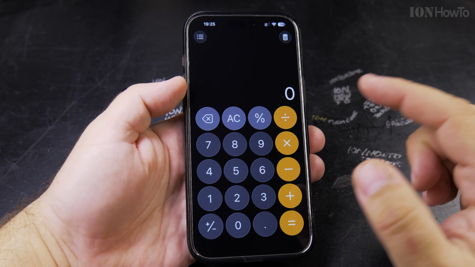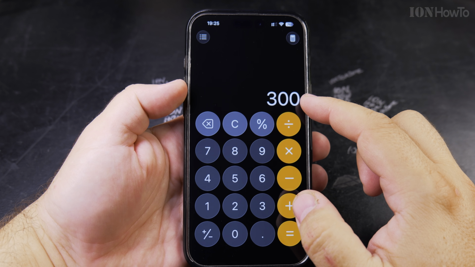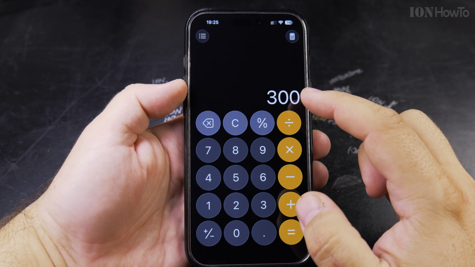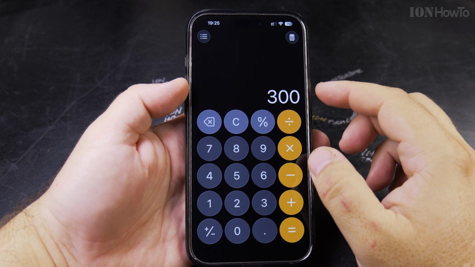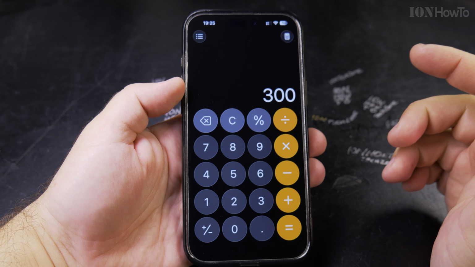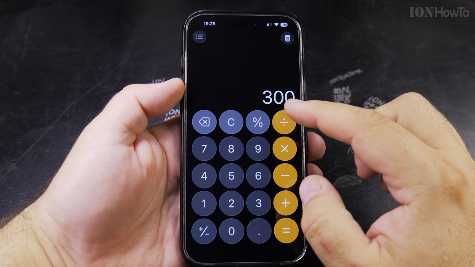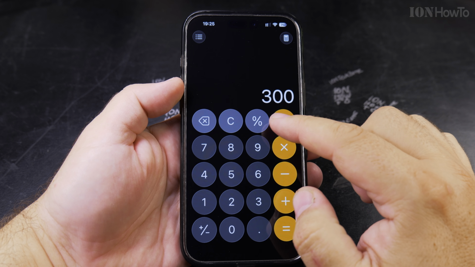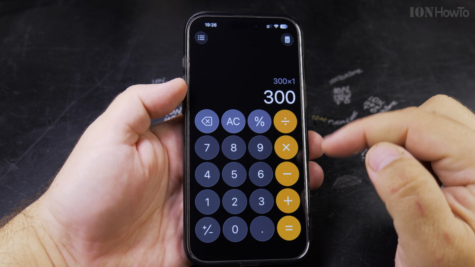So you have, for example, an amount 300 and you want to add 20% to 300. It's very easy. If you know this formula, you can imagine that 100% is 1. If I multiply 300 by 1, it's going to be still 300.